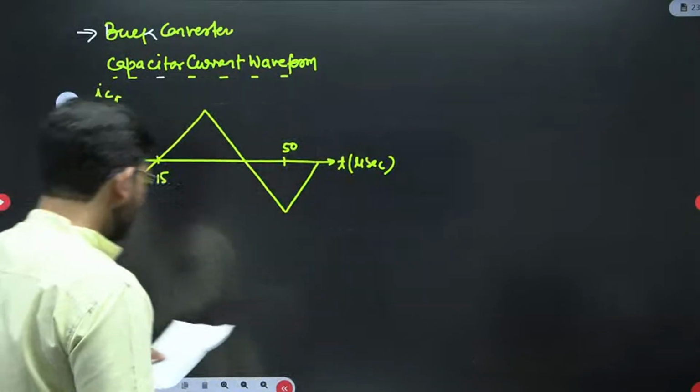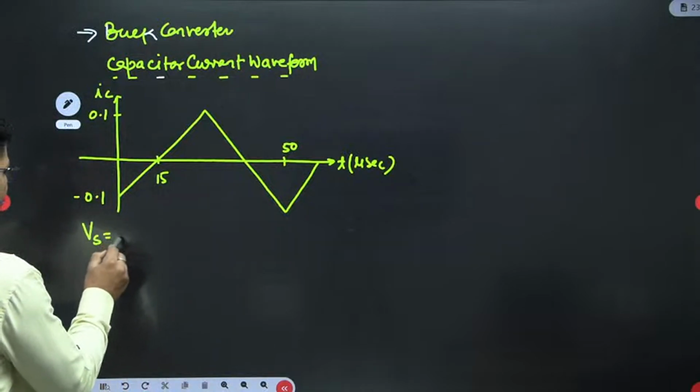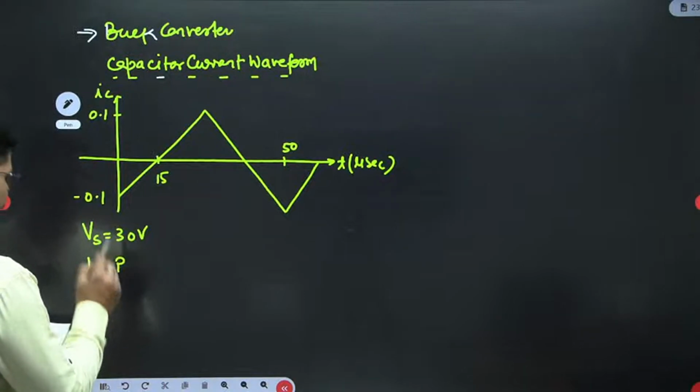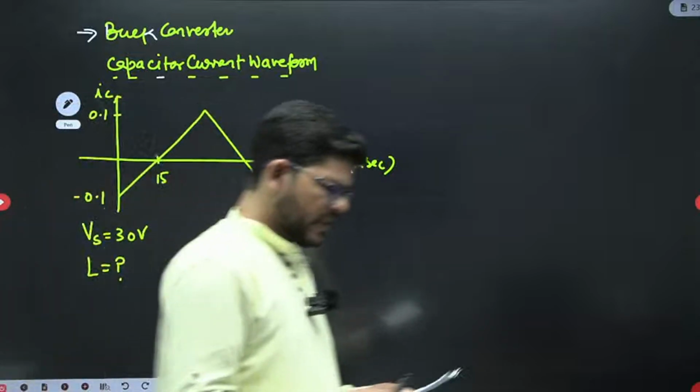And after that they have given that if the input voltage is 30 volt, then what will be the value of the inductor in millihenry? You have to calculate that.